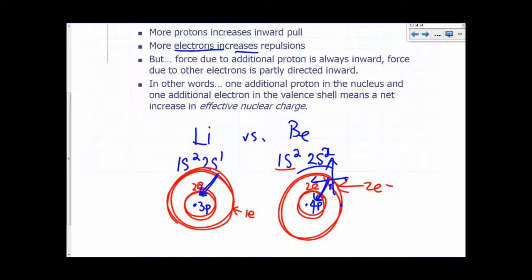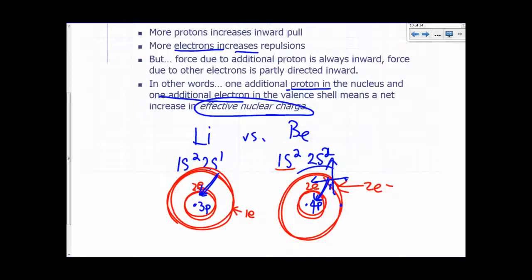So the shielding due to the other electron is not going to be complete. Right? So we say that the charge of the nucleus is only partially shielded by the other electrons. So 1 additional proton in the nucleus and 1 additional electron in the valence shell simply means there's a net increase in the effective nuclear charge, because that additional proton is not going to be fully shielded by the additional electron.